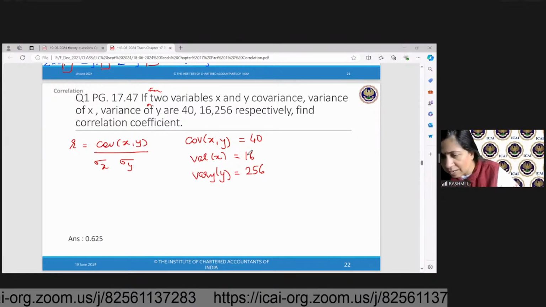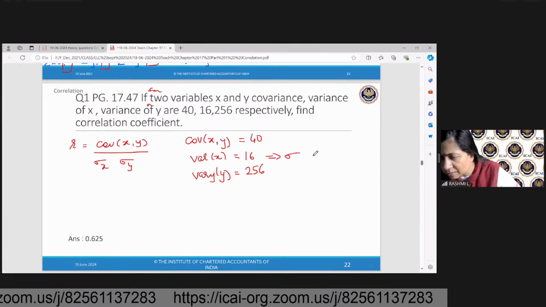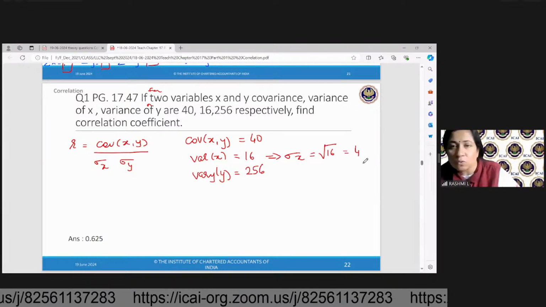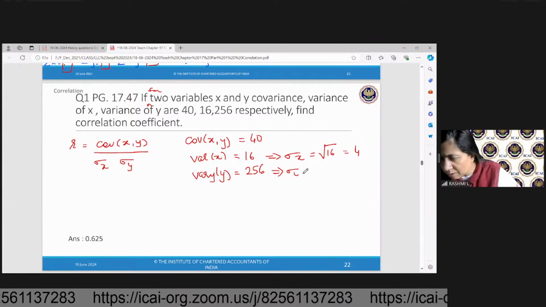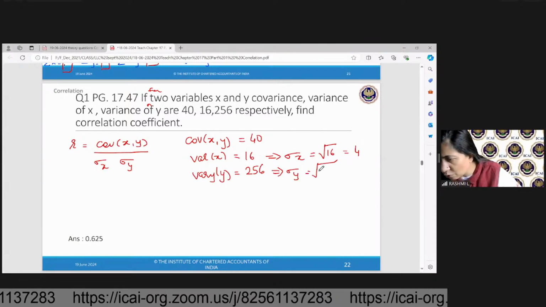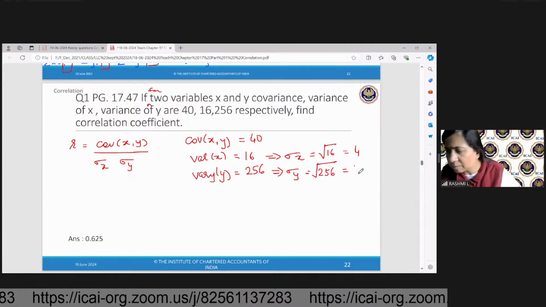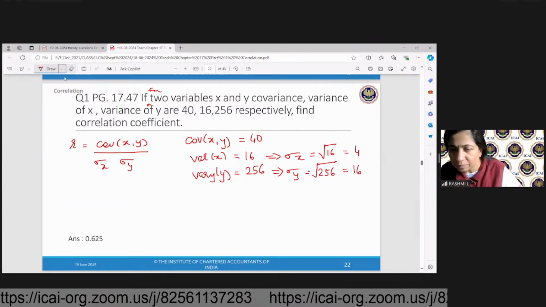So if variance of x is 16, this implies sigma x is equal to square root of 16, which is equal to 4. Variance of y is 256 implies sigma y is equal to square root of 256, which is equal to 16. Okay. Can you see now?